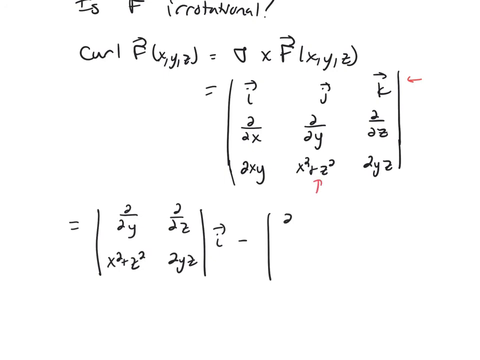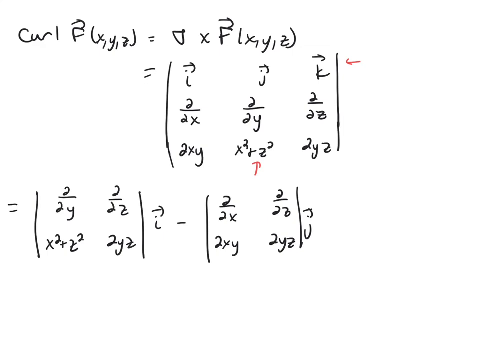So it's partial with respect to x, partial with respect to z of 2xy, 2yz, j, plus, and then delete now the first row and the third column. So this is the partial with respect to x, the partial with respect to y of 2xy, x squared plus z squared, k.